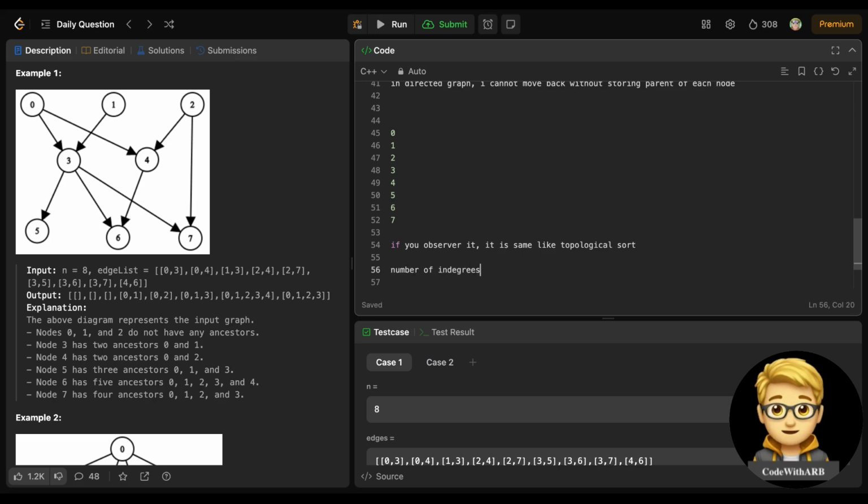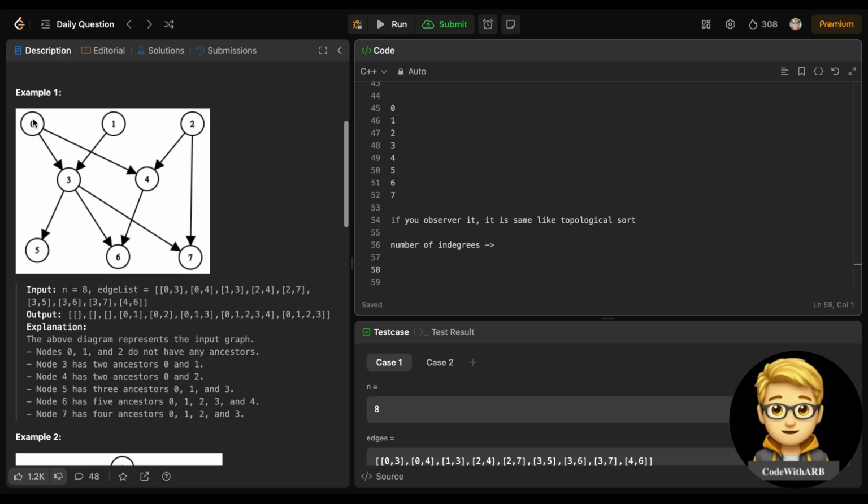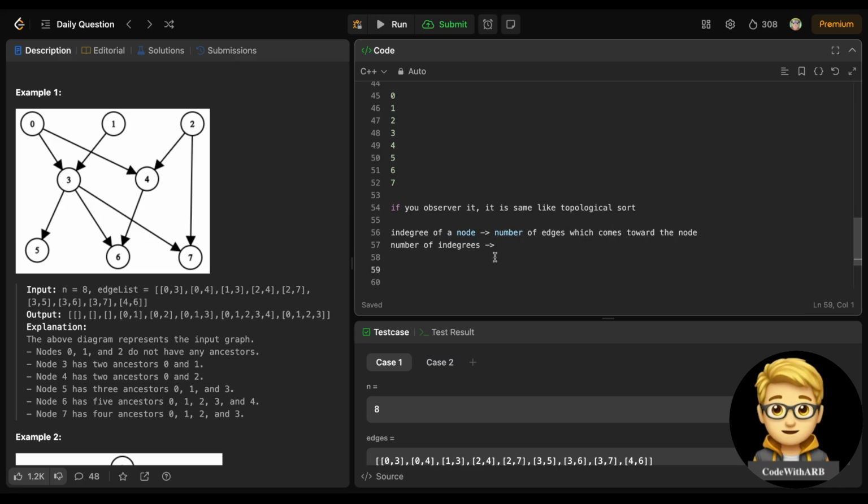We calculate the number of in-degrees, and according to them we make the order of the topological sort. The in-degree of a node means the number of edges which come towards the node.